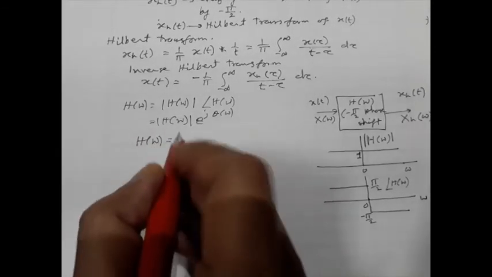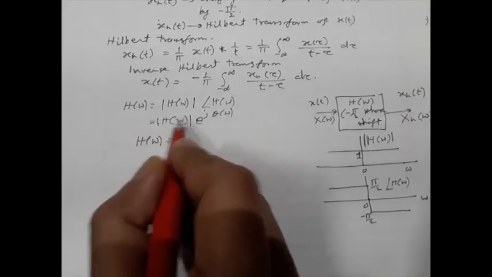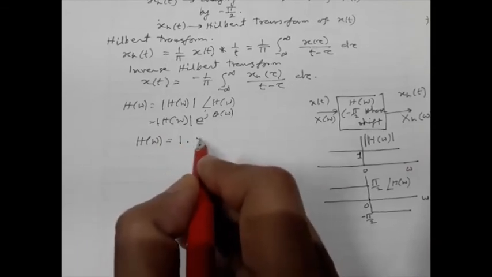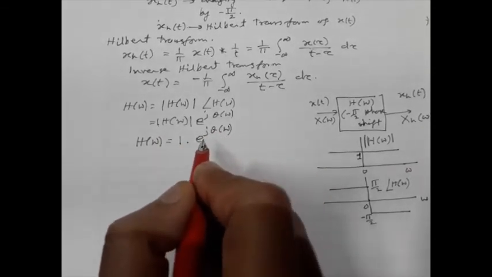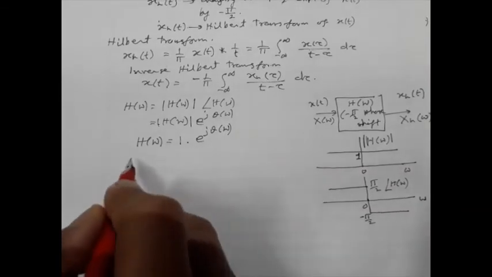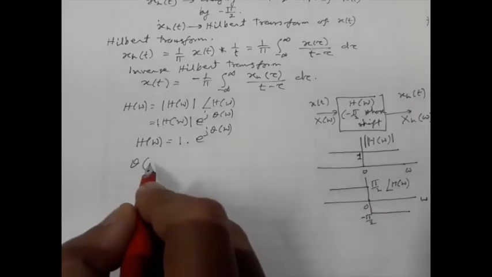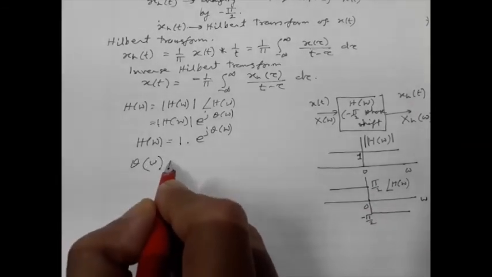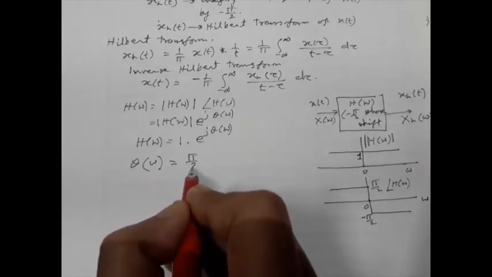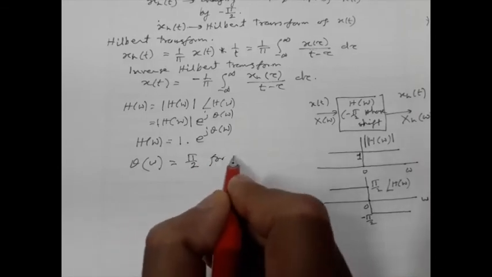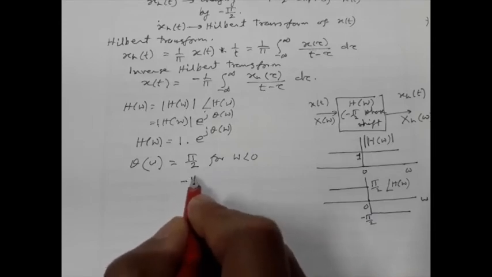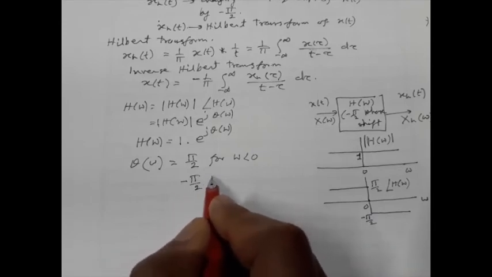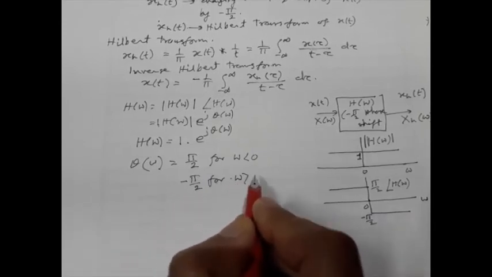Since magnitude spectrum is 1, so this magnitude of h omega is 1 into e to the power j theta omega, where this theta omega, if we consider this figure, theta omega equal to pi by 2 for omega less than 0 and minus pi by 2 for omega greater than 0.